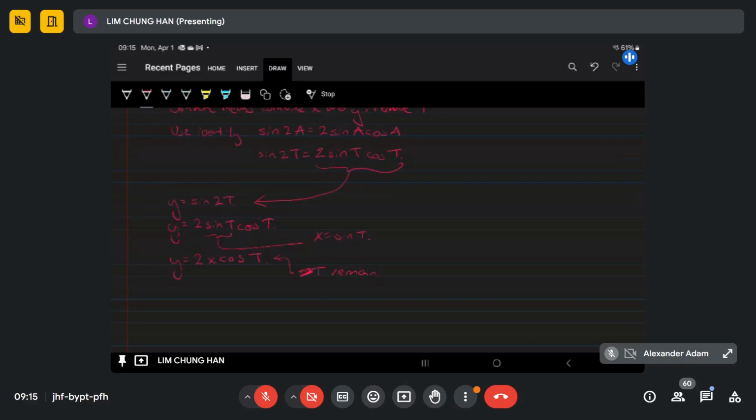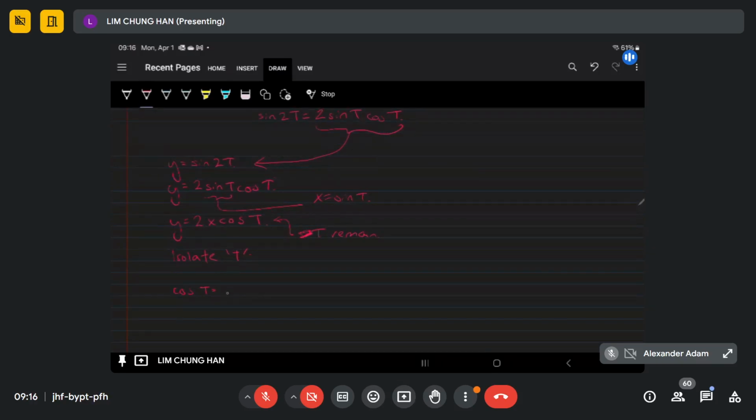Okay, so let's rearrange to isolate the cos t on one side. At the moment it's all mixed together: x, y, t. We isolate t, we bring it to one side. I cannot spell isolate. So cos t is what?